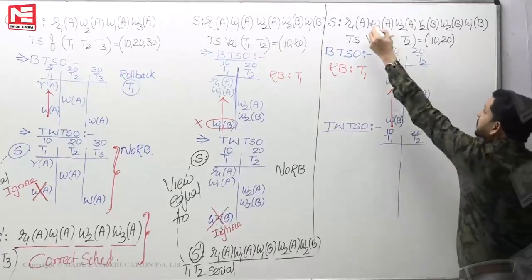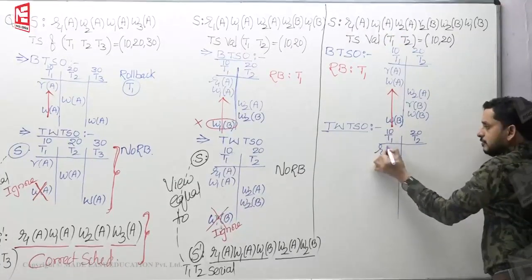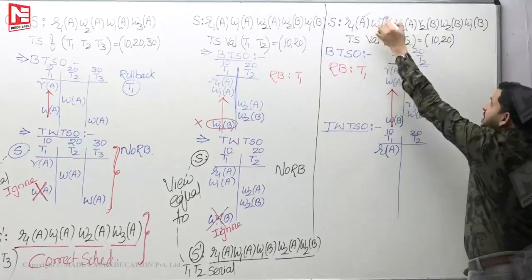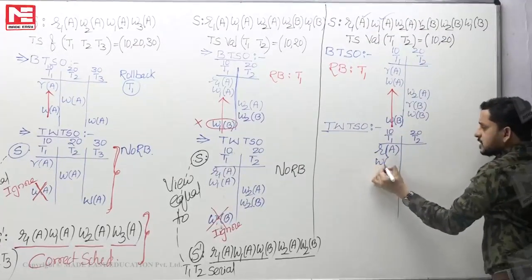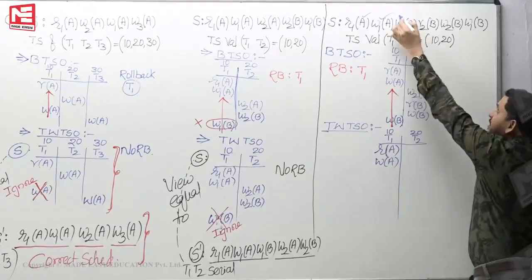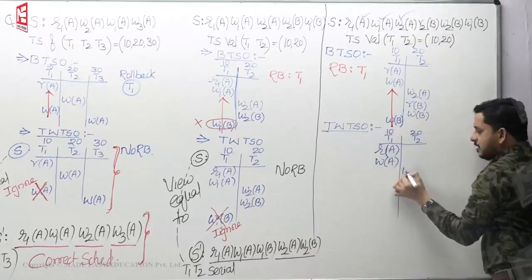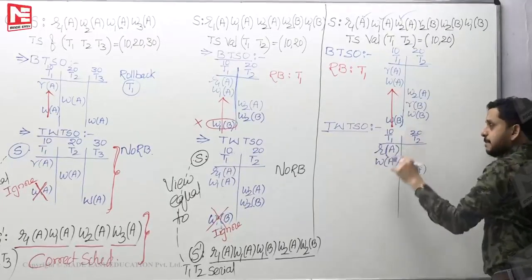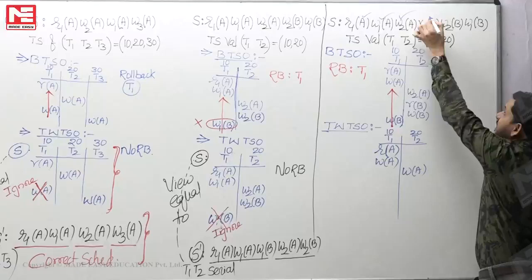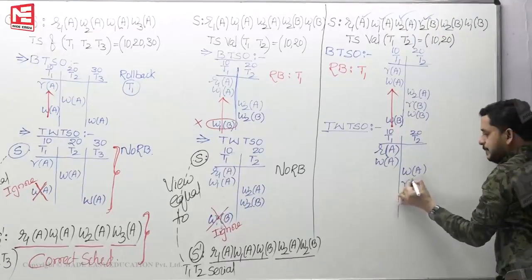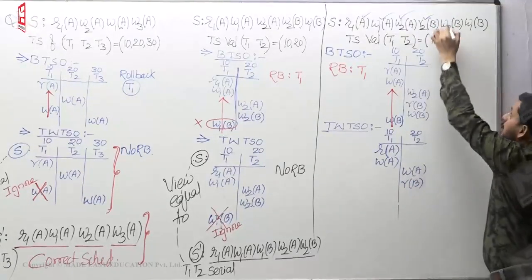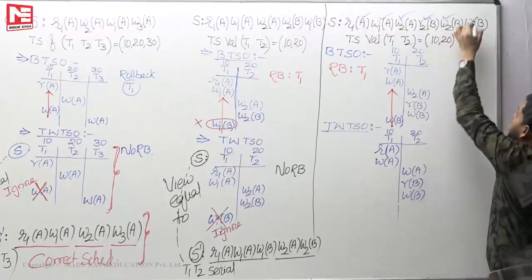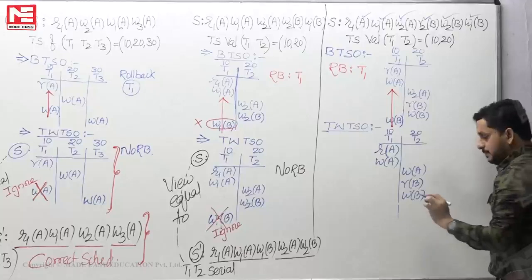Now T1 requests read of A, which is allowed, no conflict. T1 requests write of A, which is also granted, and T2 requests write of A. No issue even if there is a conflict, because the timestamp order and the conflict pair precedence are the same. T2 requests read B, which is also allowed. Now T2 requests write B, which is also allowed. Then T1 requests write B.